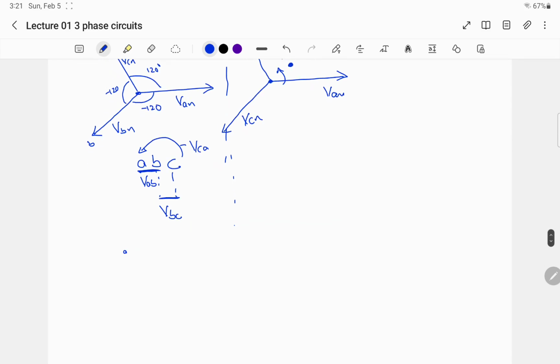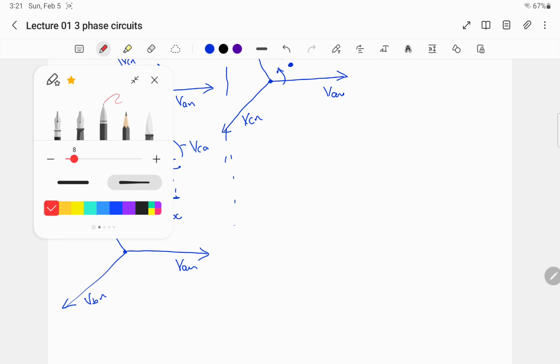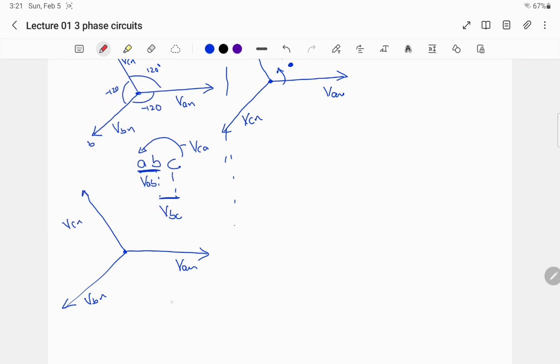Now again, sometimes students get this confusion. So we have VAN, VBN and VCN. Now the formula for our line voltages was VAB equals root 3 VAN angle plus 30 degrees.